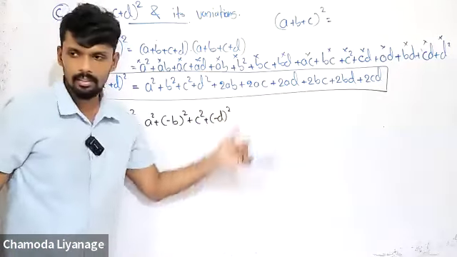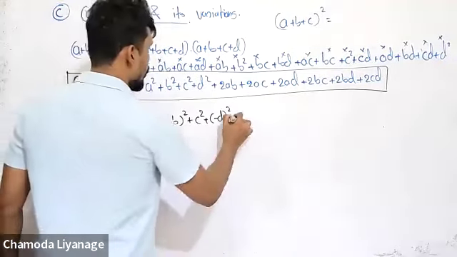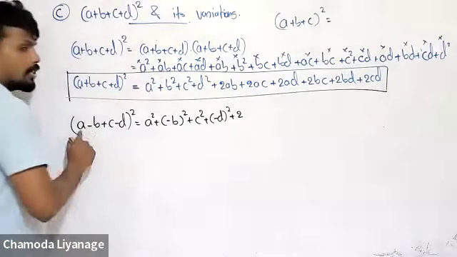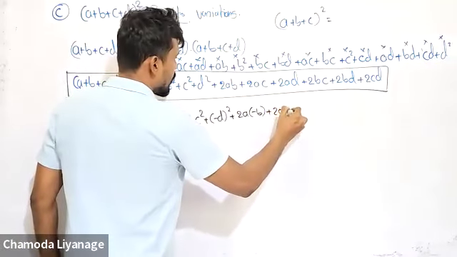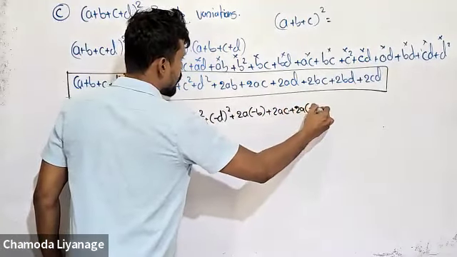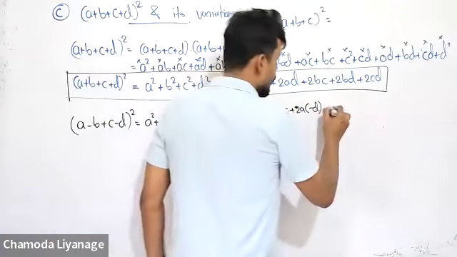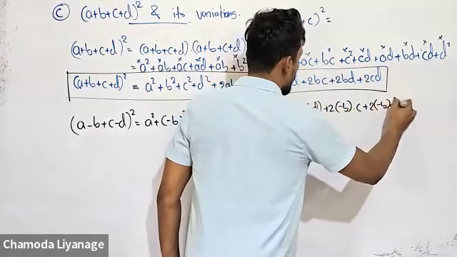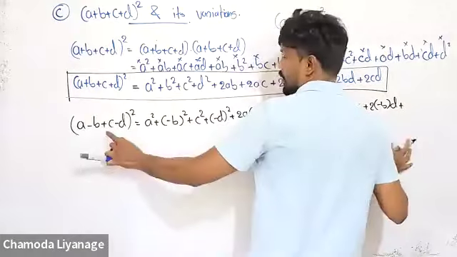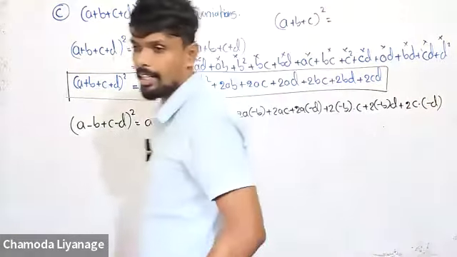Put a bracket and write minus d inside the brackets and square. After that, 2 times a into minus b, a into c, a into minus d. After that, come to minus b: 2 times minus b into c, minus b into d. And finally, 2 times c into minus d.